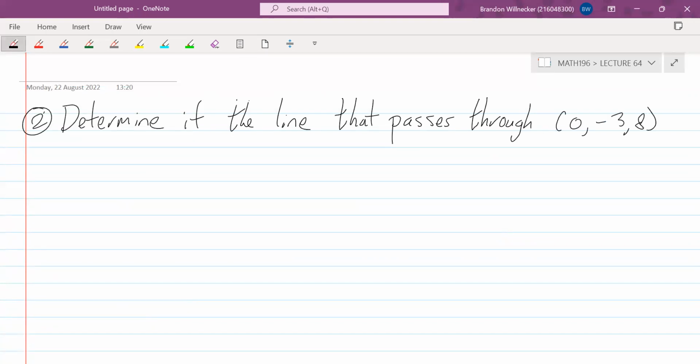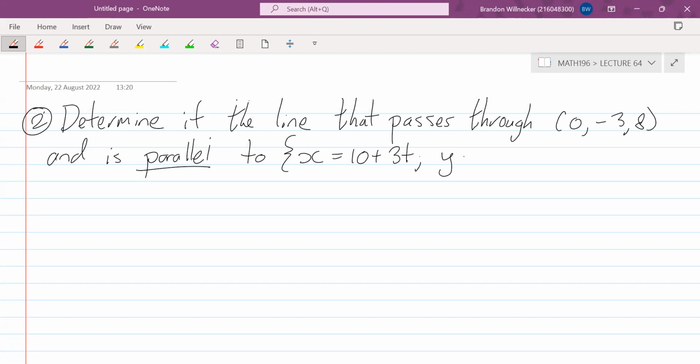So it passes through that point and is parallel to another line, so a second line given by x = 10 + 3t, y = 12t, and z = -3 - t.